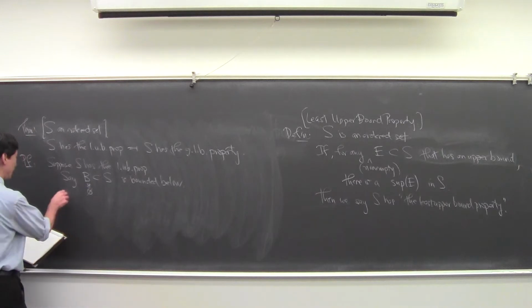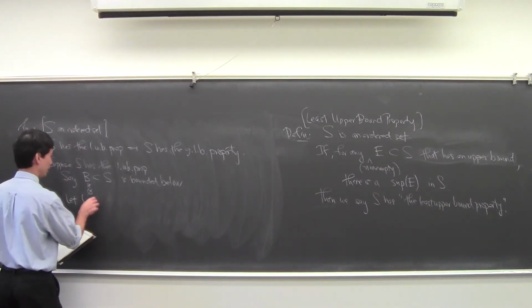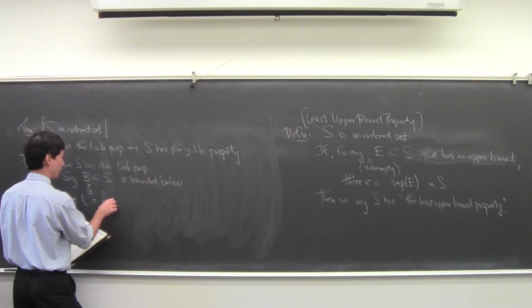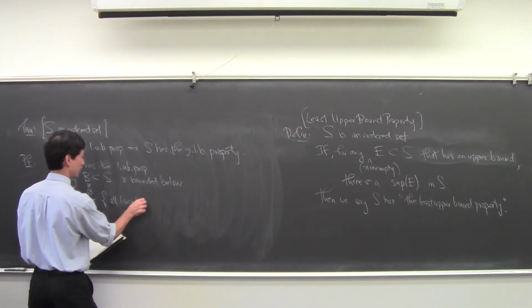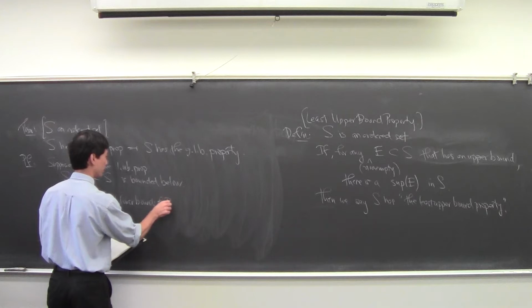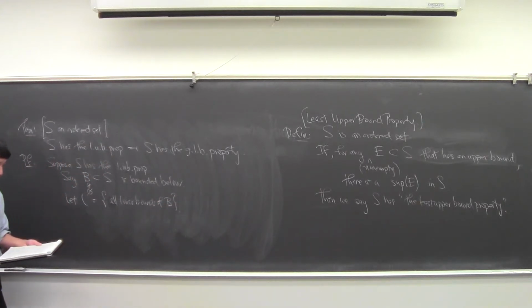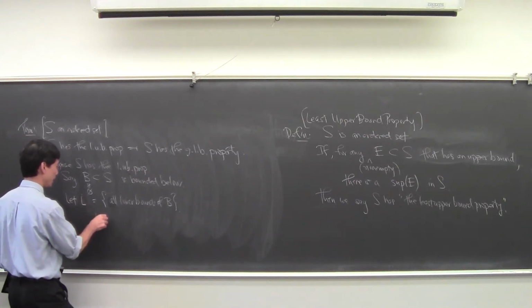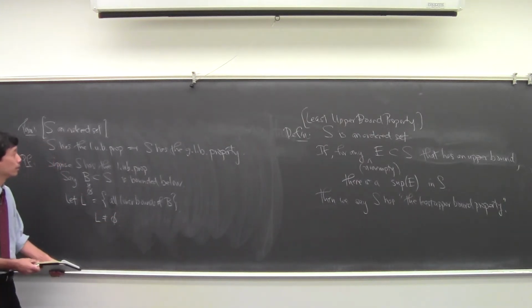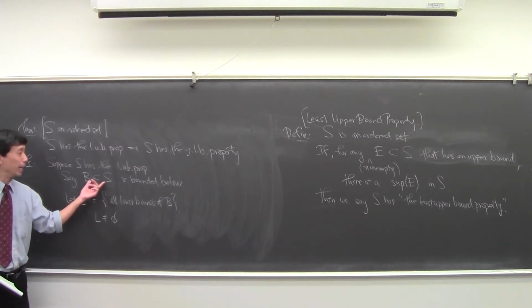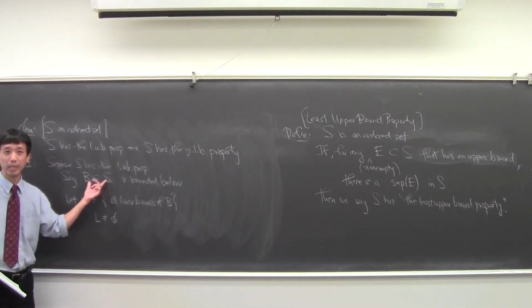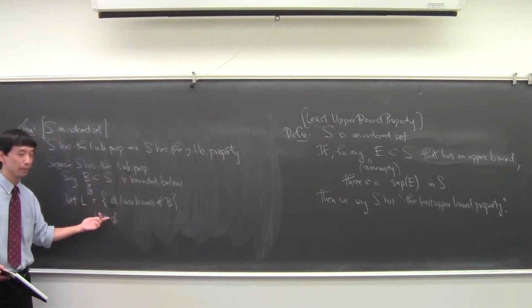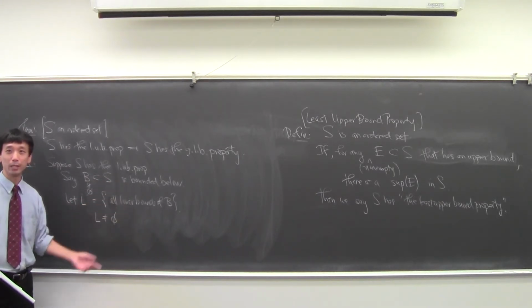So let L be the set of all lower bounds of B. Okay. So we know that the set L is non-empty, right? Because we said that B is bounded below. So B has one lower bound, so we know that L has at least that element.